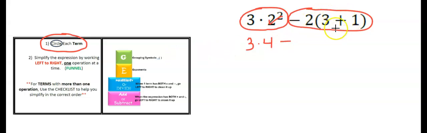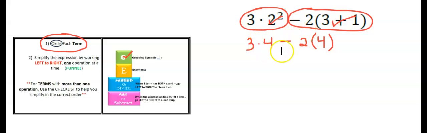Okay, now this term also has 2 operations in it. It's got multiplication 2 times, and it's got addition. So go over to the chart. Are there grouping symbols in this term? Yes. Do the grouping symbols. 3 plus 1 is 4, and the 2 times is just right there. So we took care of the addition because it was inside the grouping symbols.